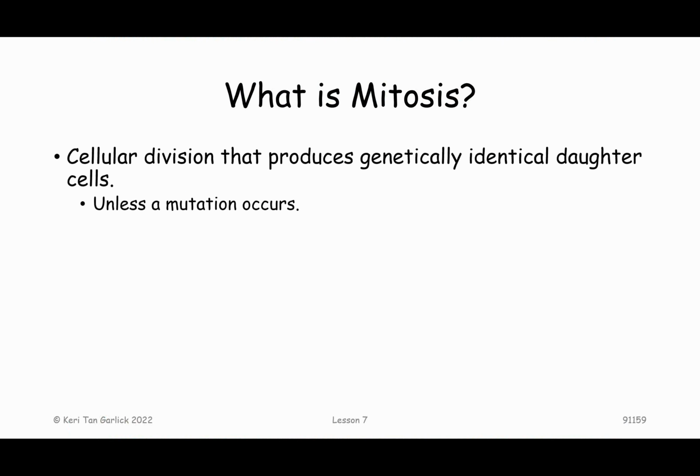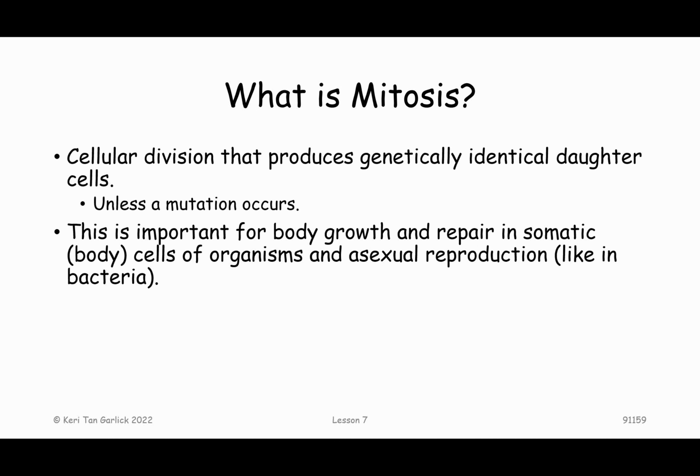So first off, mitosis is a cellular division, and like I said earlier, it's going to produce identical daughter cells. The exception is when a mutation occurs, which is what we've talked about previously. This is really important for growth and repair, and this happens with our somatic cells. Somatic cells are also known as your body cells.